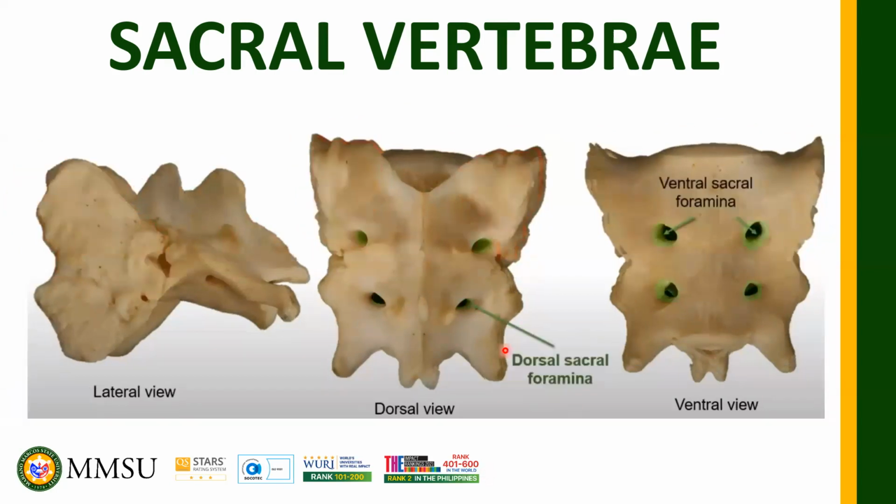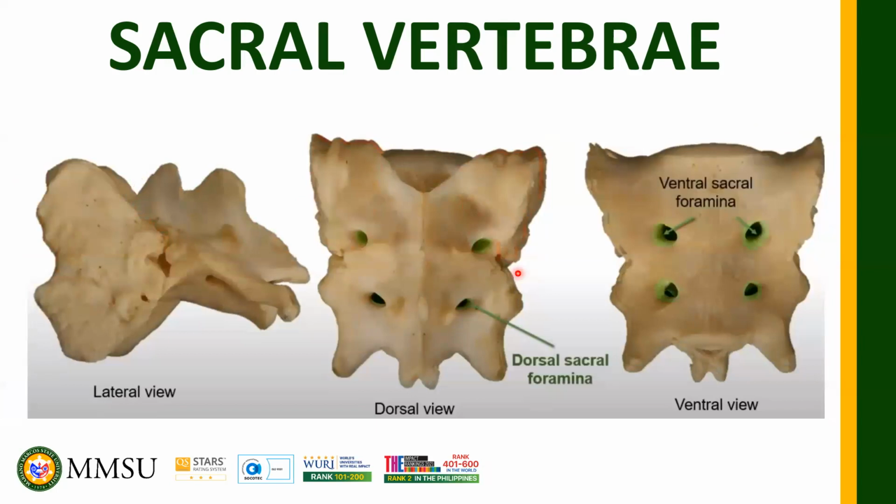Then we have the dorsal sacral foramina and then the ventral sacral foramina. So they are usually small na opening holes located on the dorsal surface of the sacrum.